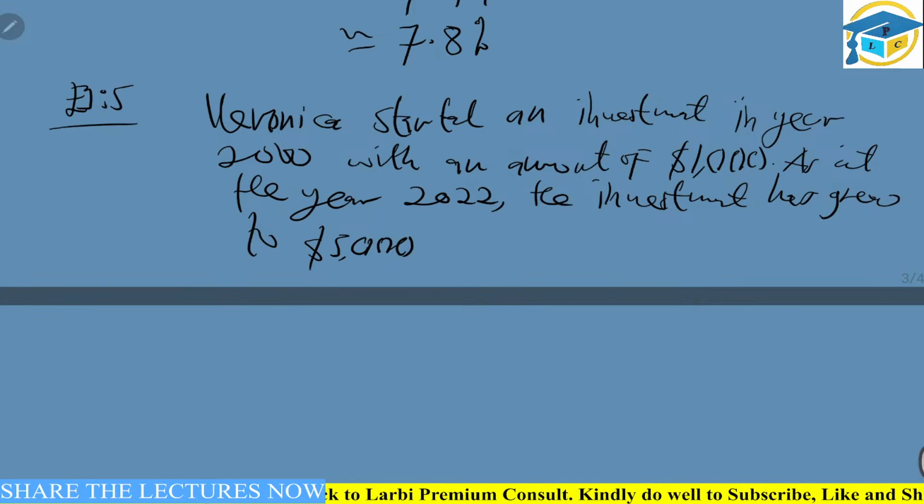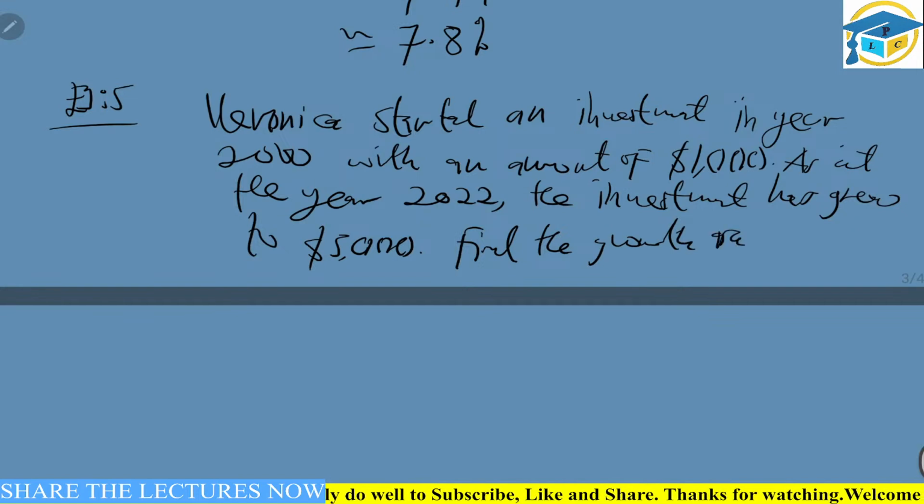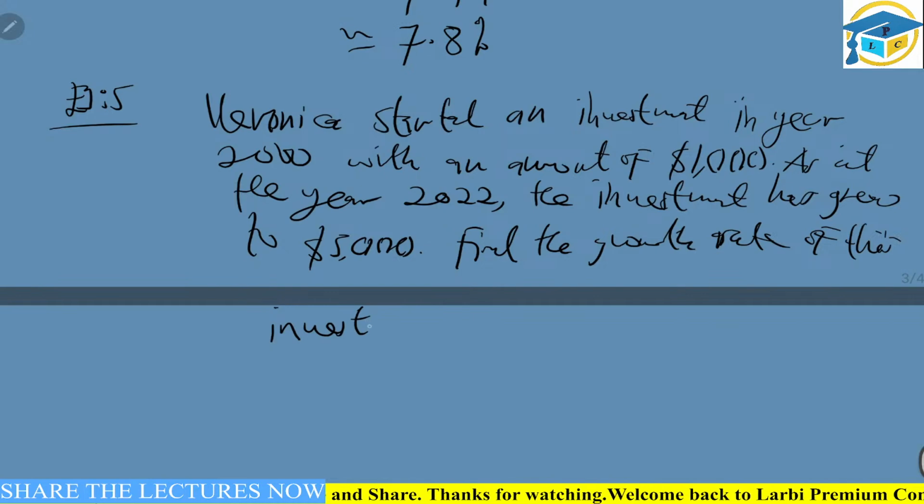So the question here, you are asked to find the growth rate of this investment. Find the growth rate of this investment. Please don't mind my handwriting, okay? Let's just stay focused.